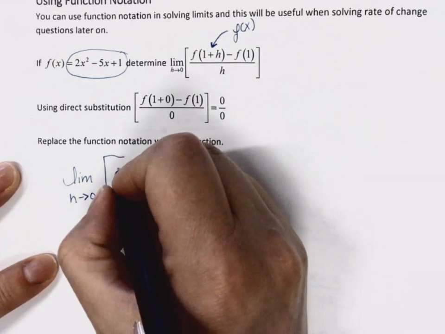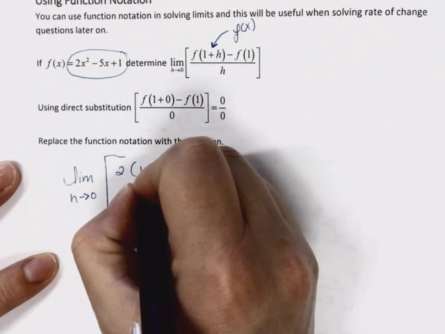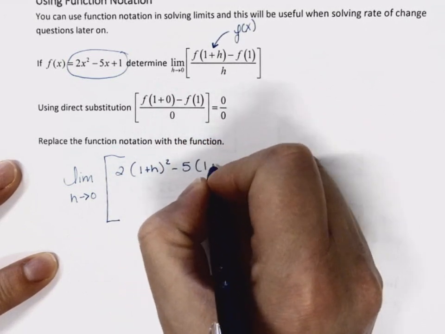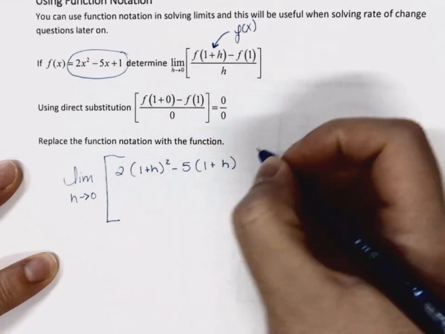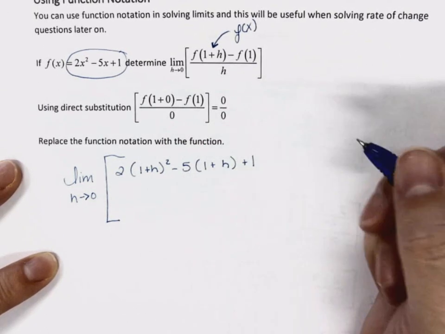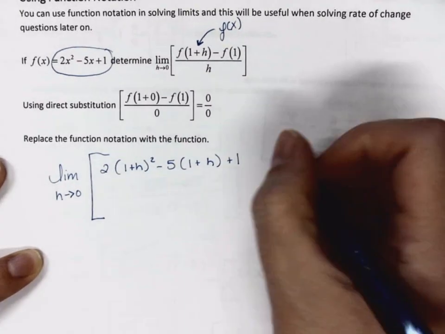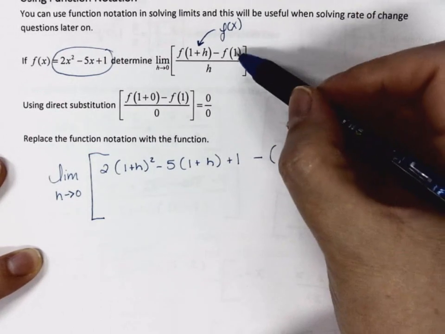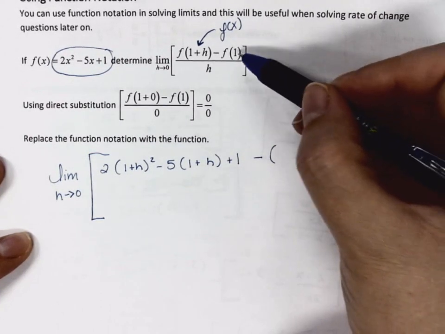You ready for this? So we're going to have 2 times (1 plus h) squared minus 5 times (1 plus h) plus 1. Now we're subtracting, I'm going to use a bracket here, the function when x is 1.